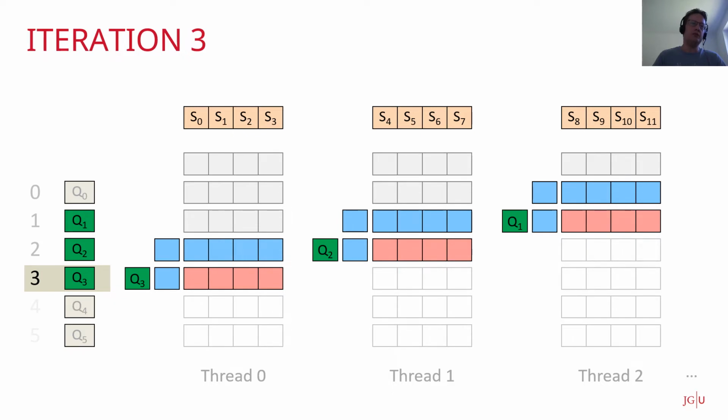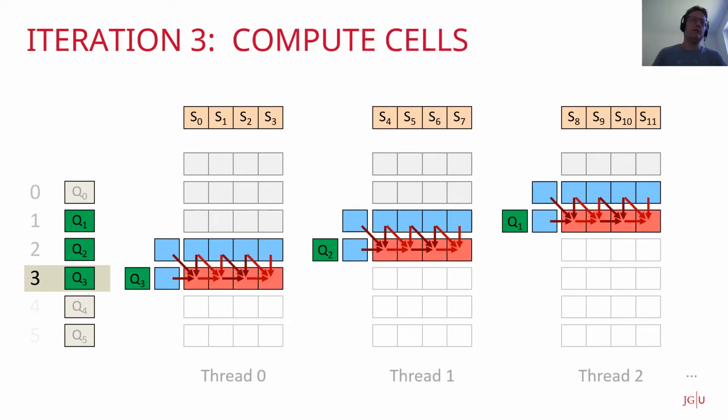We want to compute the values in the red cells, and we've already loaded the correct query characters for each thread. Each thread can now compute its k values by looking up the substitution score using the scoring profile, and it knows the values to the left and the diagonal values and the old values from above.